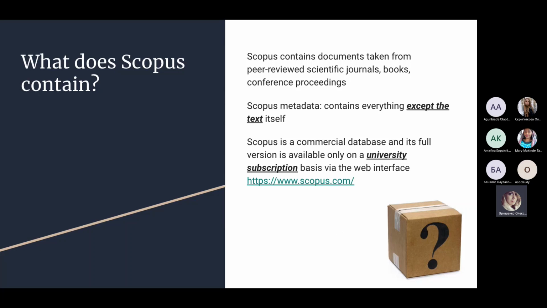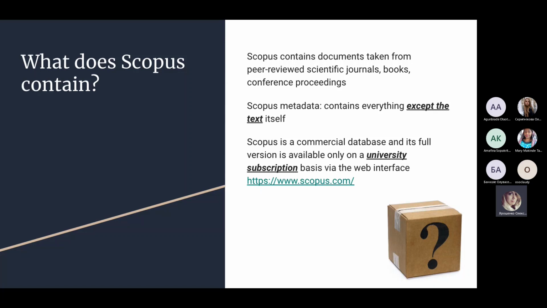So we have talked that Scopus does not contain full texts. Scopus metadata contains everything except the full text itself. Scopus documents are taken from peer-reviewed journals that are indexed in Scopus, books that are indexed in Scopus, conference proceedings that are indexed in Scopus.